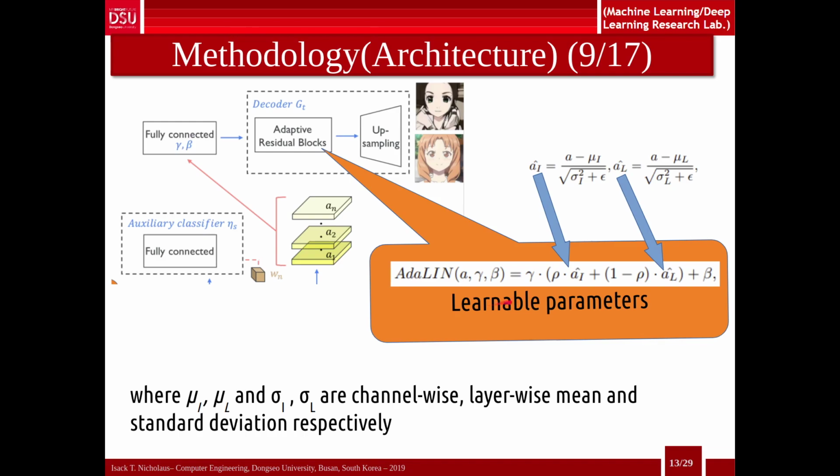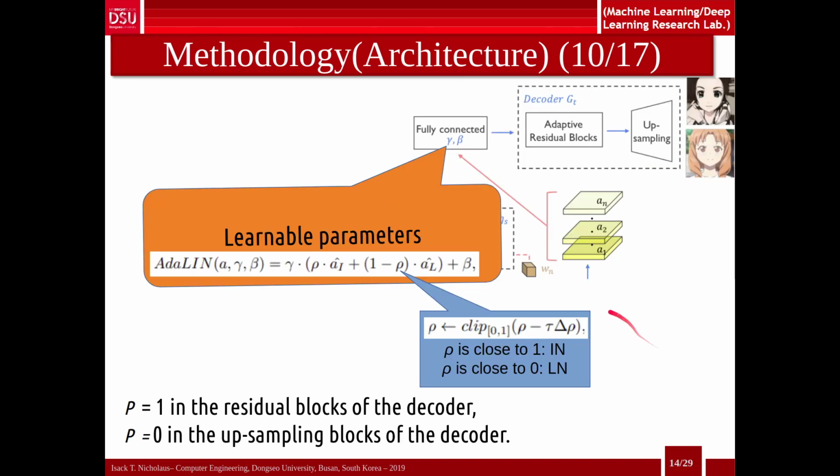But how does the model decide whether to perform instance normalization or layer normalization? Let's see. In order for the model to be able to decide which one to perform, it learns this function over here. By learning this value, when it is close to 1, the model will perform instance normalization, and when this value is equal to 0, the model will perform layer normalization.